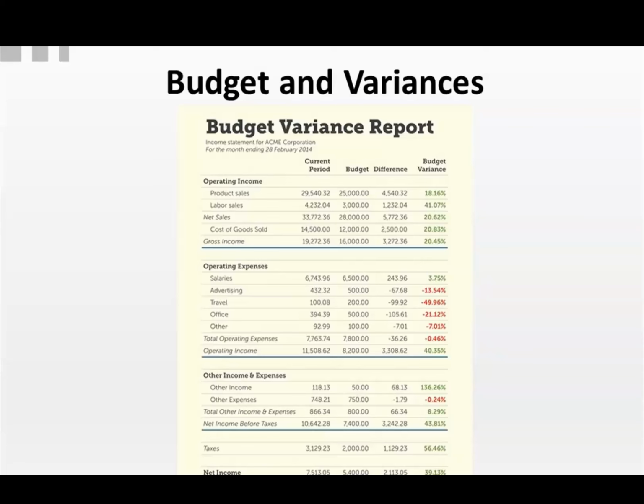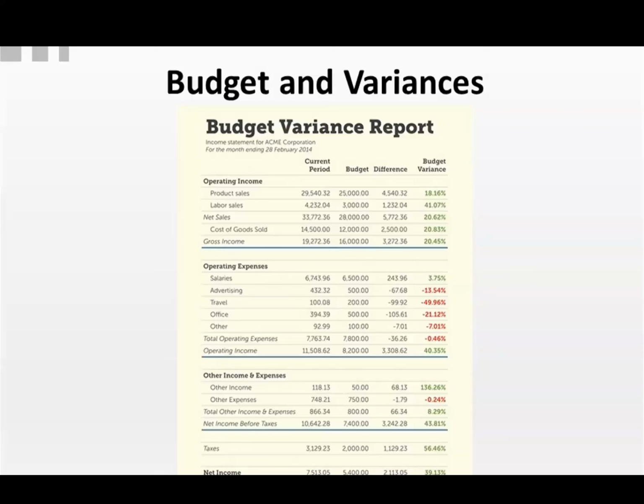And we can see this specifically, without even looking at the numbers, just by looking at the percentages and then zeroing in on the numbers from that. In labor sales, we did 41% over budget. That's great, and you can see some of these different numbers and how they impacted that. When we go down to the bottom line, we can see that our operating income was 40% above budget, and some of the expense categories that were below budget include travel and advertising.